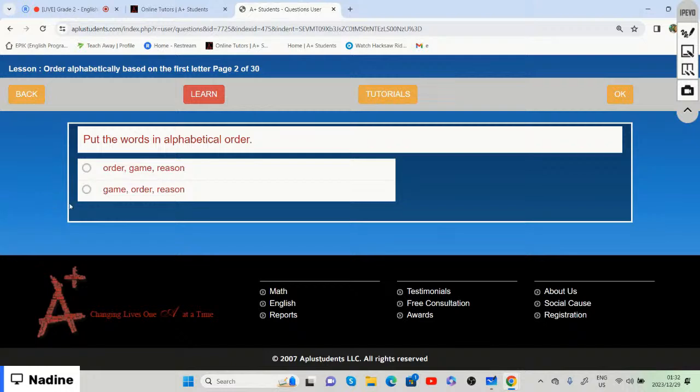So order, game, reason, or game, order, reason. We need to put the words in alphabetical order by looking at the first letter of each word.